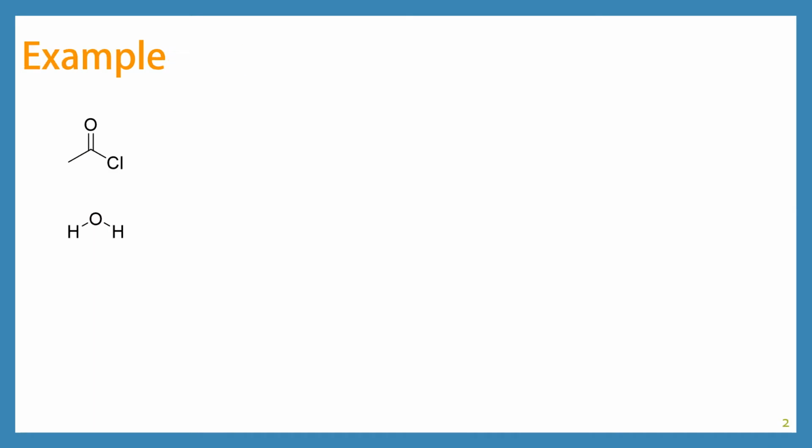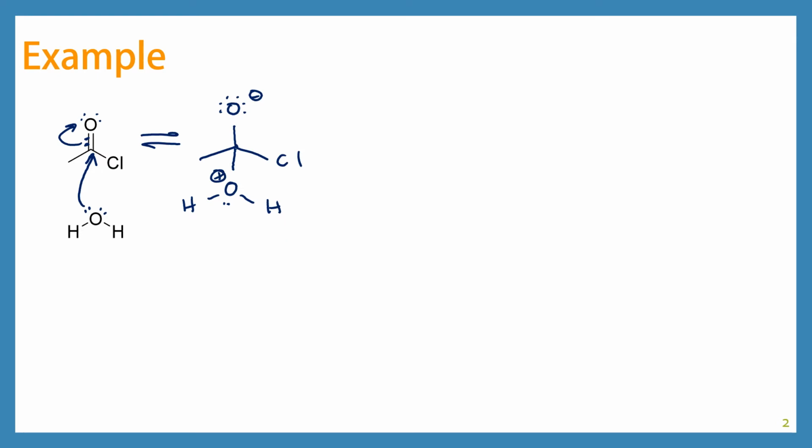For an example, we're going to do a reaction between an acid chloride and water. So remembering that water can act as a nucleophile, one of the lone pairs on the oxygen is going to attack the carbonyl carbon, which pushes the electrons from the pi bond up onto the oxygen.